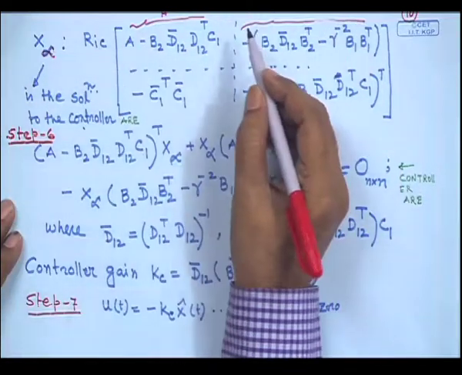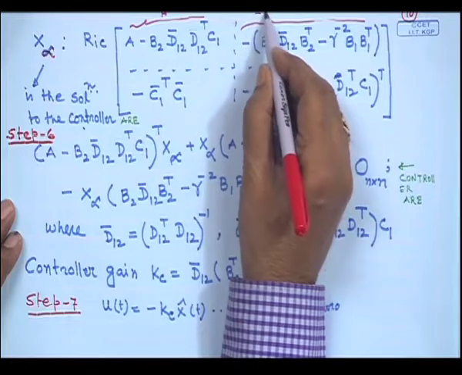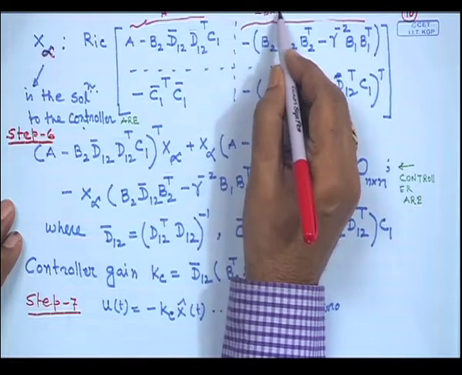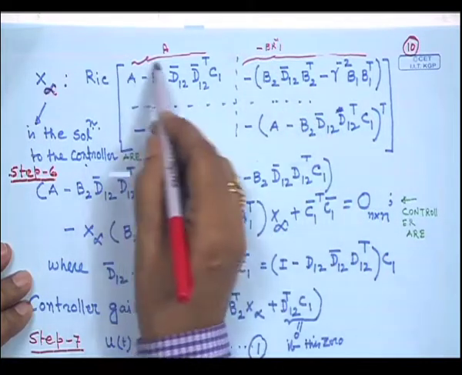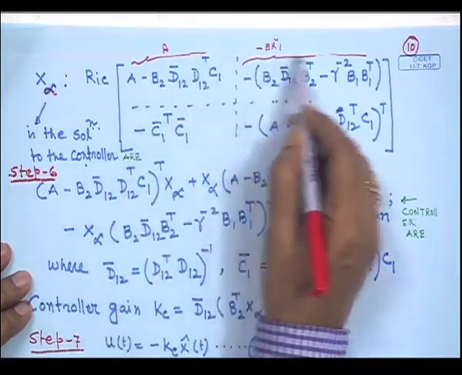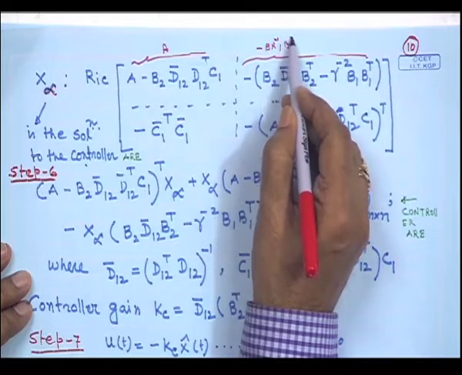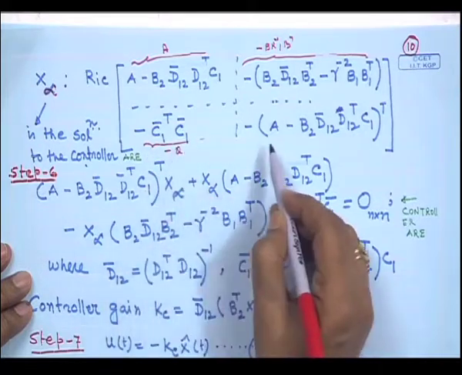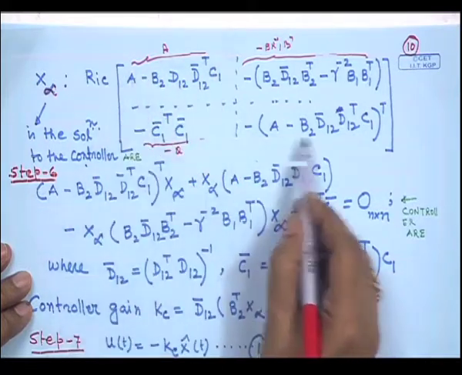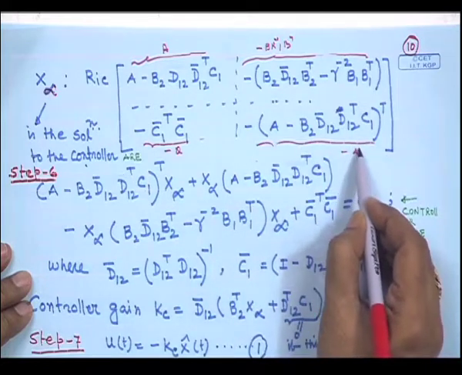If you consider the LQR, then this is nothing but B R inverse B transpose. This whole thing is equivalent to B R inverse B transpose, this whole thing equivalently you can consider minus Q, and if this is A, then it will be A transpose, this whole thing is minus A transpose.